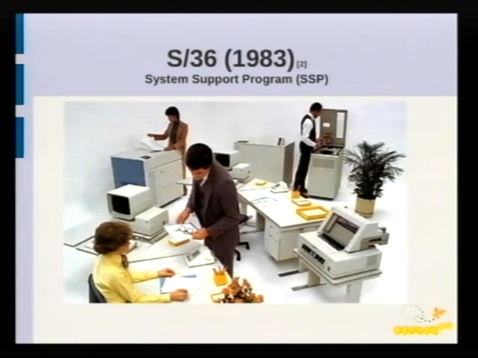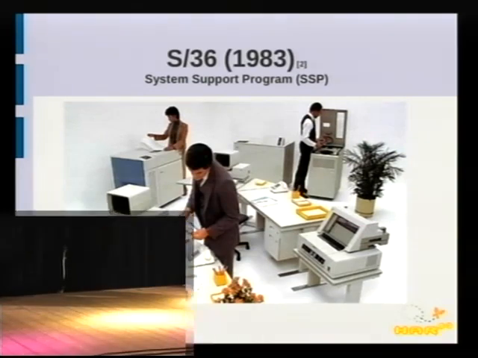Then IBM created another system, the System 36, as a follow-up of the System 34, because many of its customers didn't like the System 38 because it was too big and too expensive for their needs. And they wanted to satisfy the customers' needs, so they created the System 36.